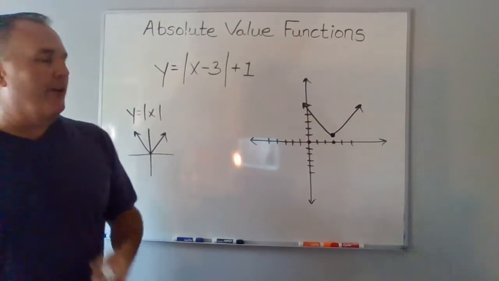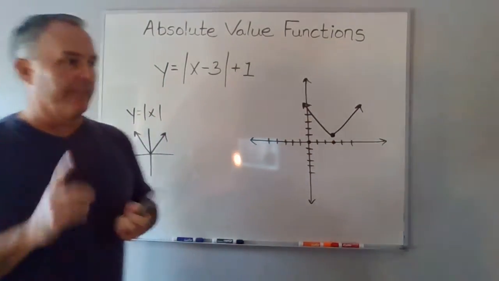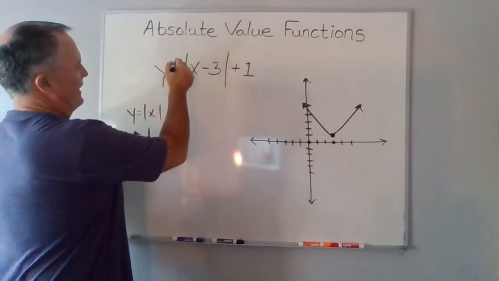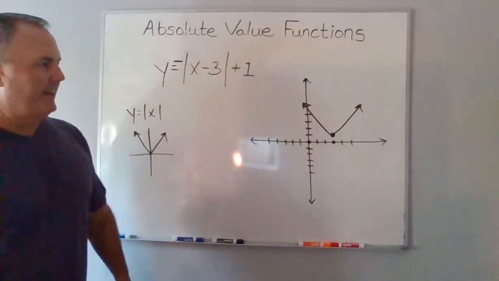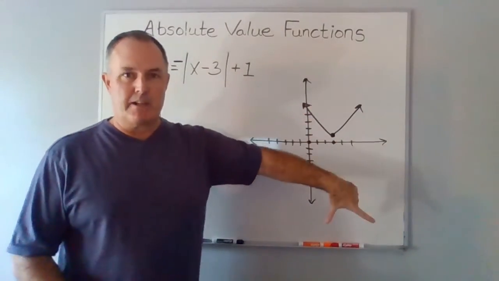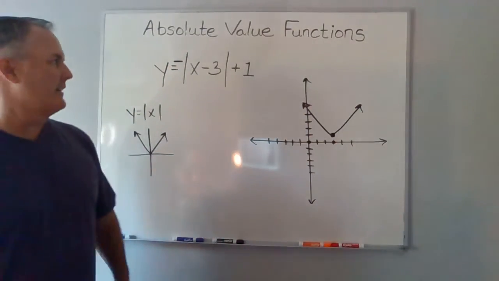The only transformation we haven't really talked about, well, one of them actually, is if you ended up with a negative sign out in front of everything, that simply just takes the V and flips it upside down, puts it on the negative side.